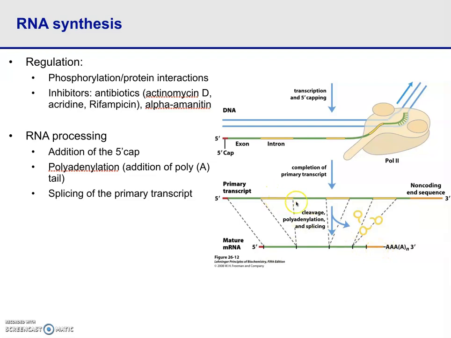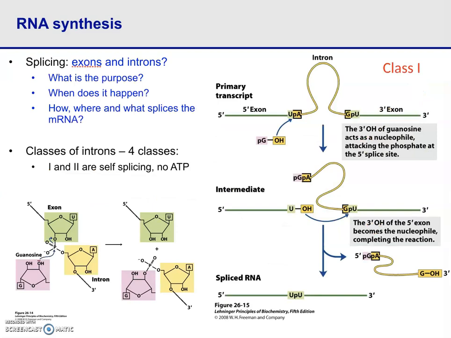There are certain parts that are removed from the initial transcript and not going to be involved in the production of a protein. These parts of the mRNA are called introns. So basically, splicing is connecting of the exons and excising and removing of the introns.